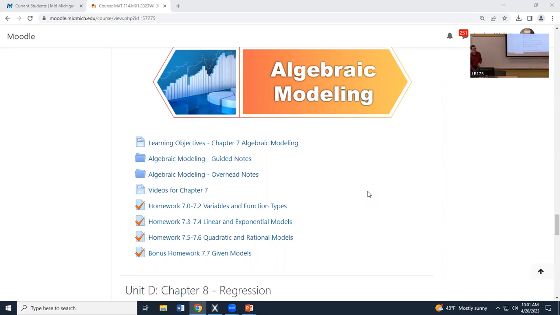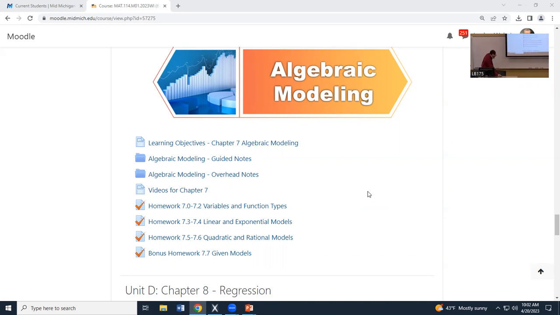Before I do, I want to remind everyone that there are some homeworks due this Friday at 5. Make sure you get those done, particularly the ones on the algebraic modeling. The algebraic modeling homeworks are due Friday at 5.